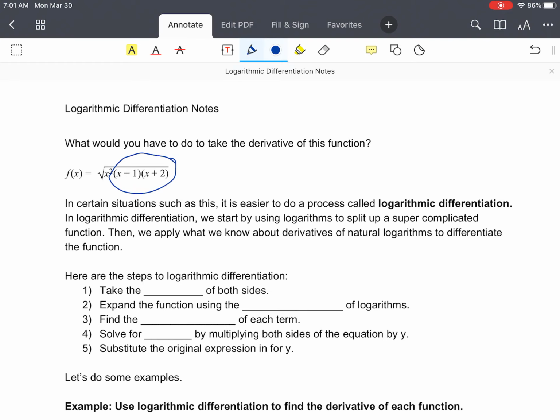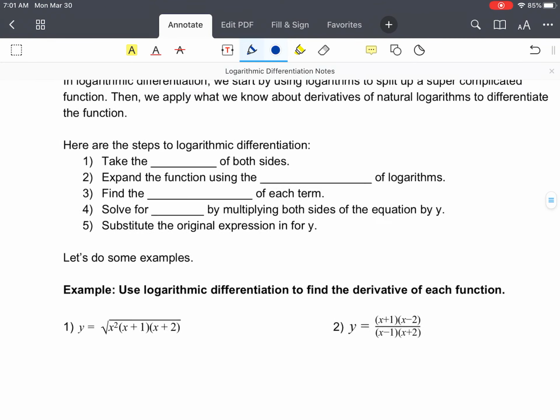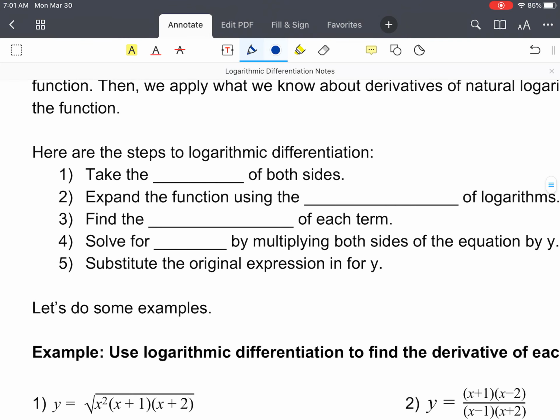It's possible, but it would suck. So now that we've learned how to take the derivative of a natural log, we can use what's called logarithmic differentiation to break that up into pieces and get a nicer, neater answer for our derivative.